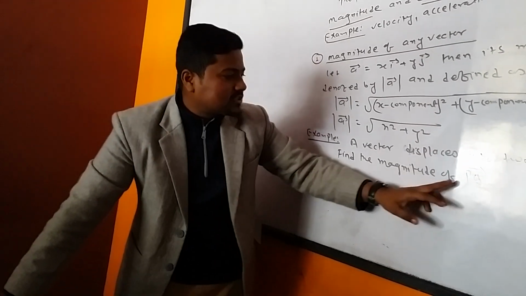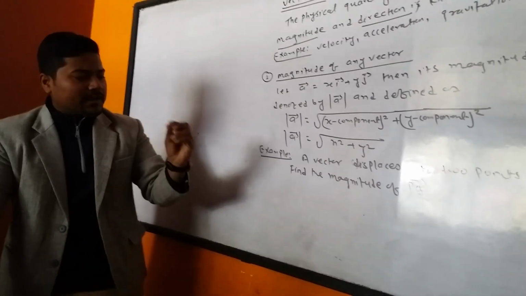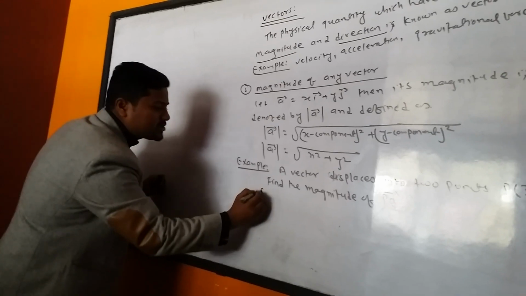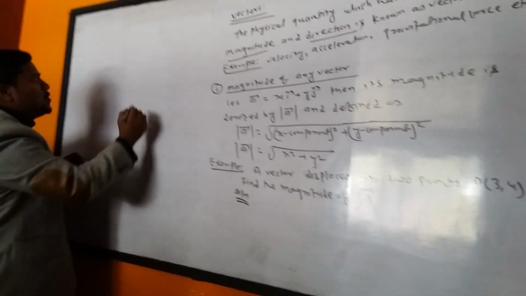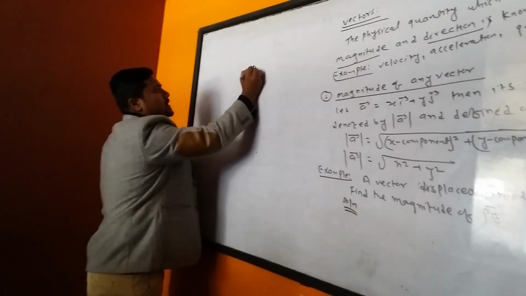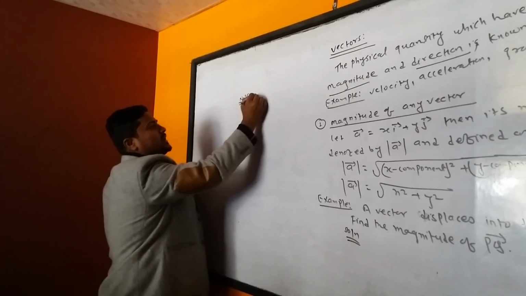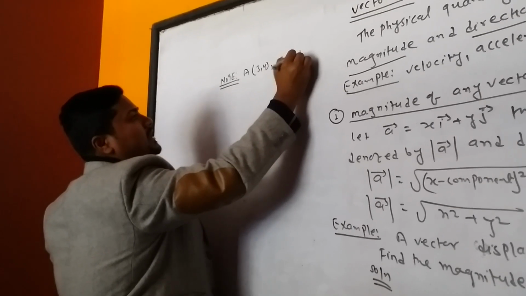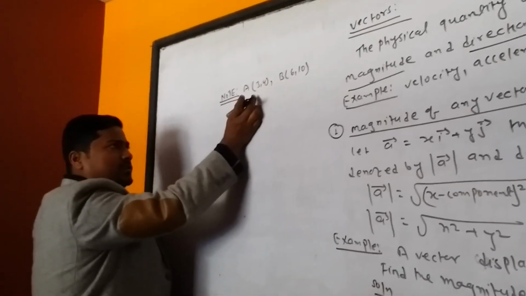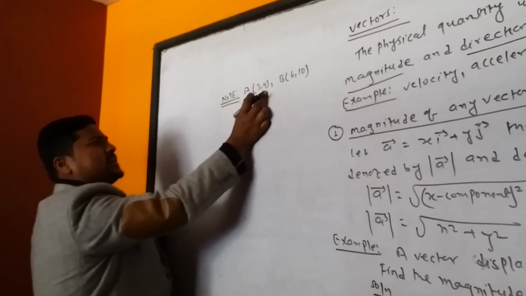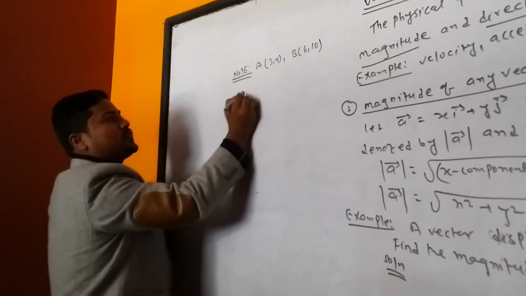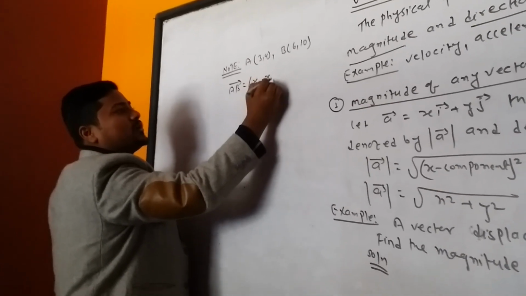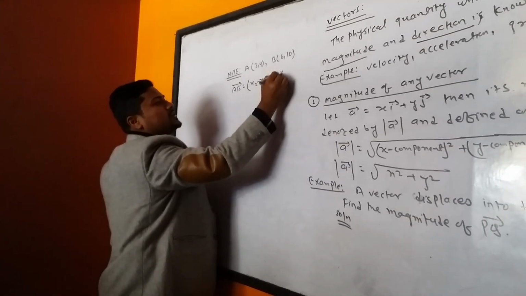First of all, if any vector displaces between two points, before solving these questions you have to understand one note. Suppose A is (3, 4) and B is (6, 10). To find the vector between these two points, the formula is x2 minus x1, y2 minus y1.